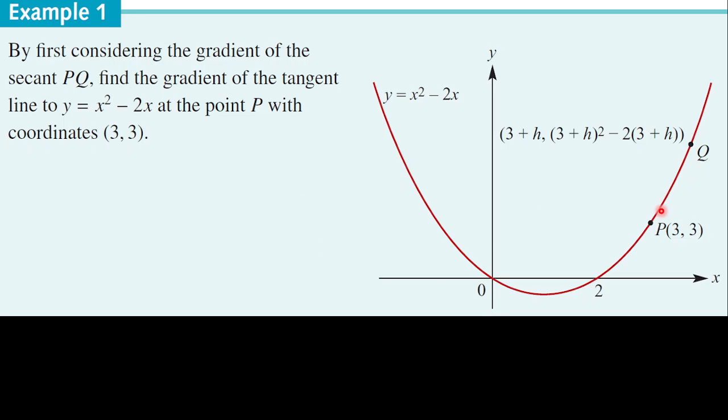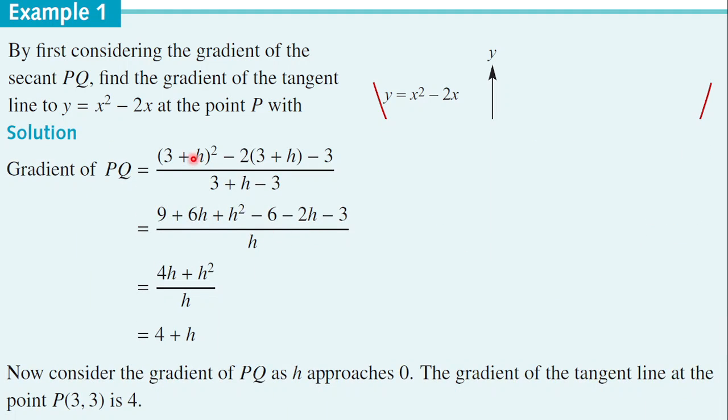Then to determine the gradient from P to Q, we do the rise over run. Here is the rise over run. The run simplifies to h. For the rise, we need to expand the brackets and regroup the like terms, and that gives us 4h plus h squared.